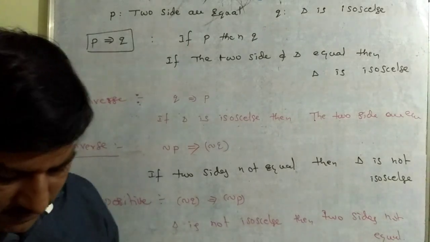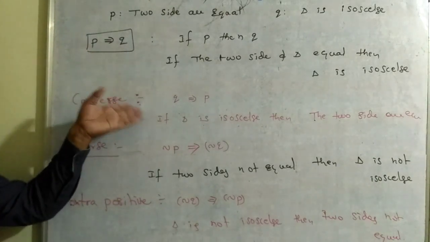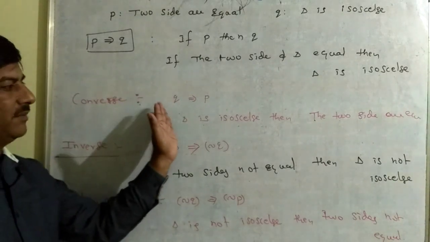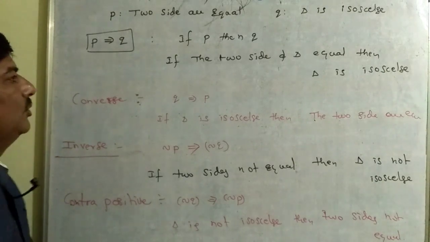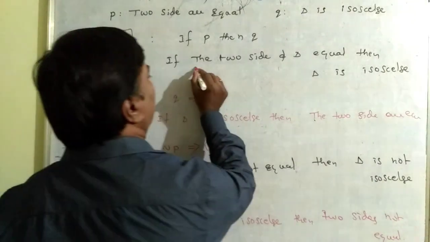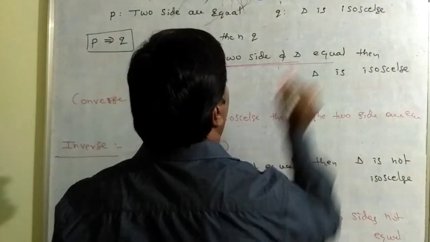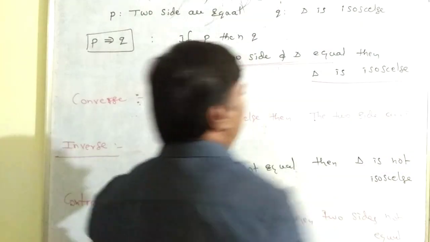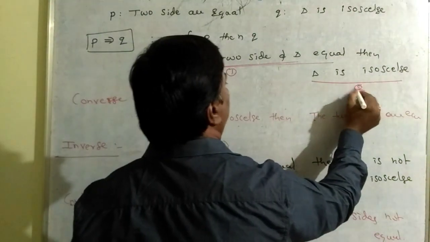But once again, for P implies Q, converse means Q implies P. Here in these two statements, one statement is that two sides of the triangle are equal. The second statement is that the triangle is an isosceles triangle. This is the first statement, this is the second statement.